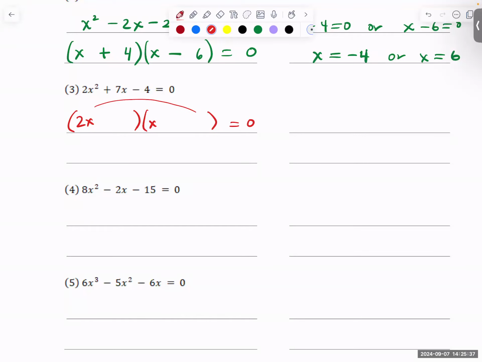Well, let's try 1 and 4. And an important side note is because the greatest common factor is 1, we would not want to factor the 4 as 2 times 2 because then in the first binomial there would be a common factor of 2, which is a contradiction.